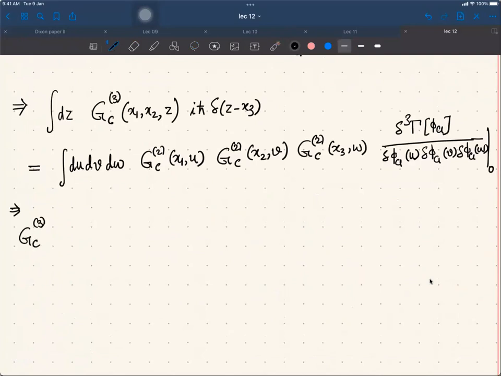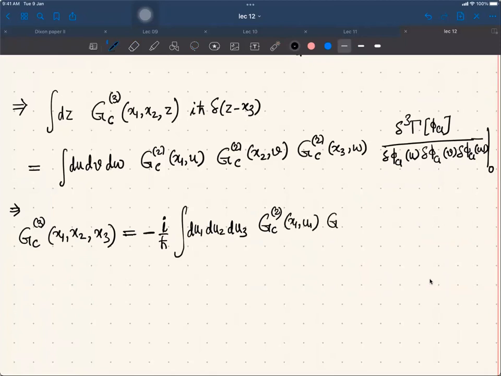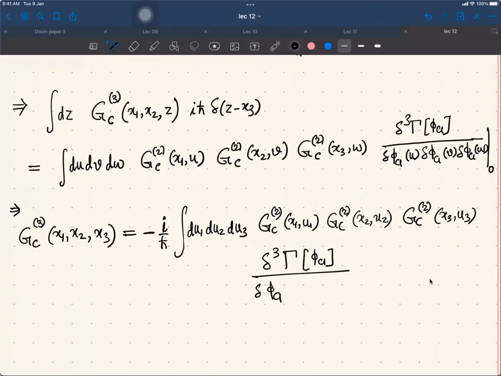G connected 3 x1 x2 x3 is equal to minus i over h bar integral du1 du2 du3 gc2 x1 u1 gc2 x2 u2 gc2 x3 u3 times the third derivative of phi cl, gamma of phi cl, with respect to phi cl at u1, u2, u3. This is what the result is.